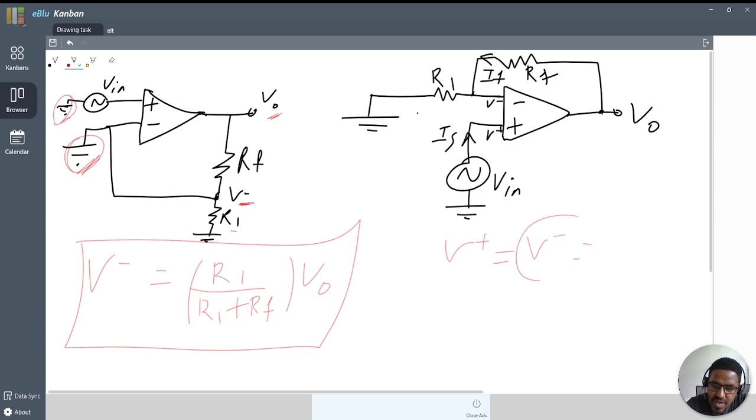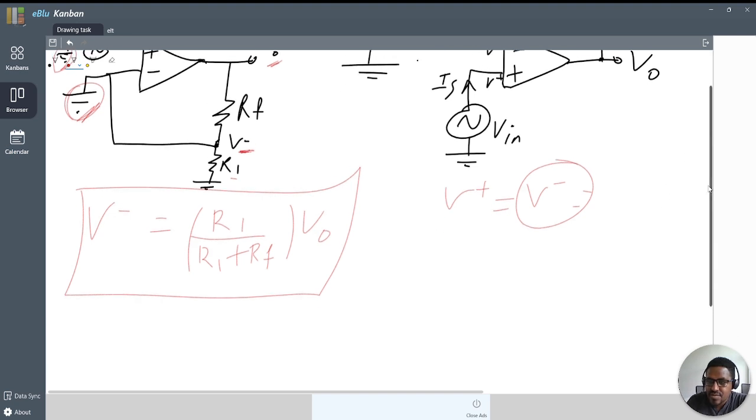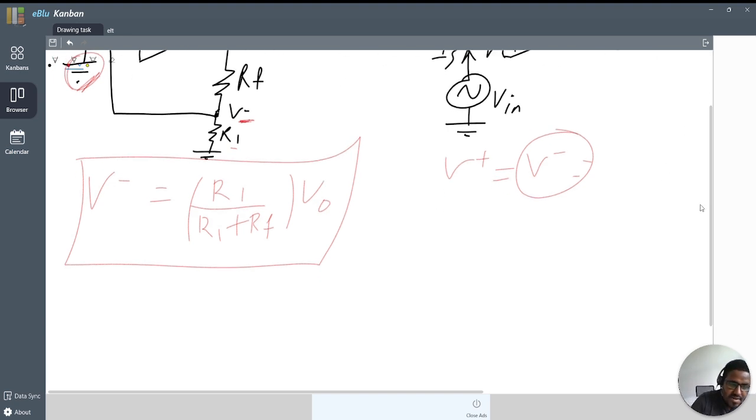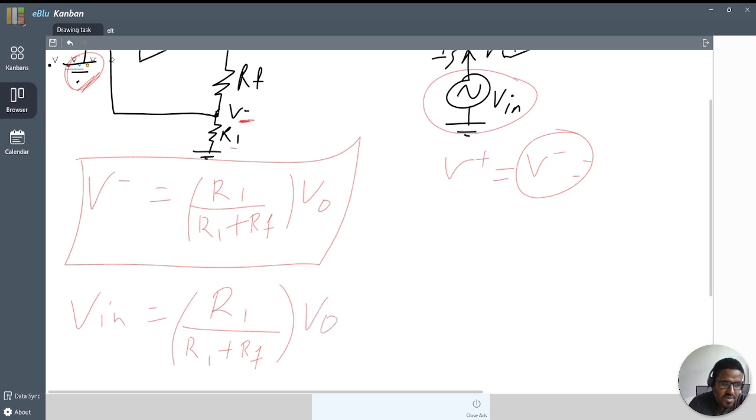So we get V inverting, so replace this V inverting with our V in. So V in becomes R1 over R1 plus Rf multiplied with V out.